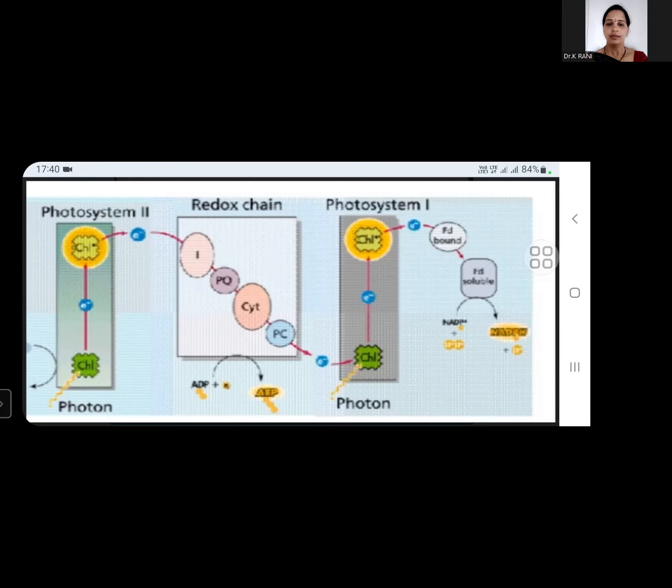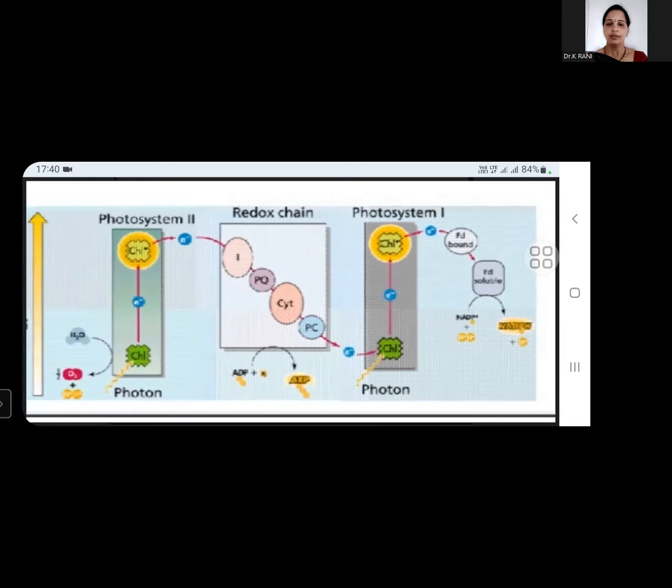Catch this point, Nana. Now 2 electrons come from the photon to the primary electron acceptor, from the iron sulfur protein to FD. For one NADP to be reduced, 2 electrons are required. So those 2 electrons are transported every time, but these 2 electrons are provided by ferredoxin one at a time.